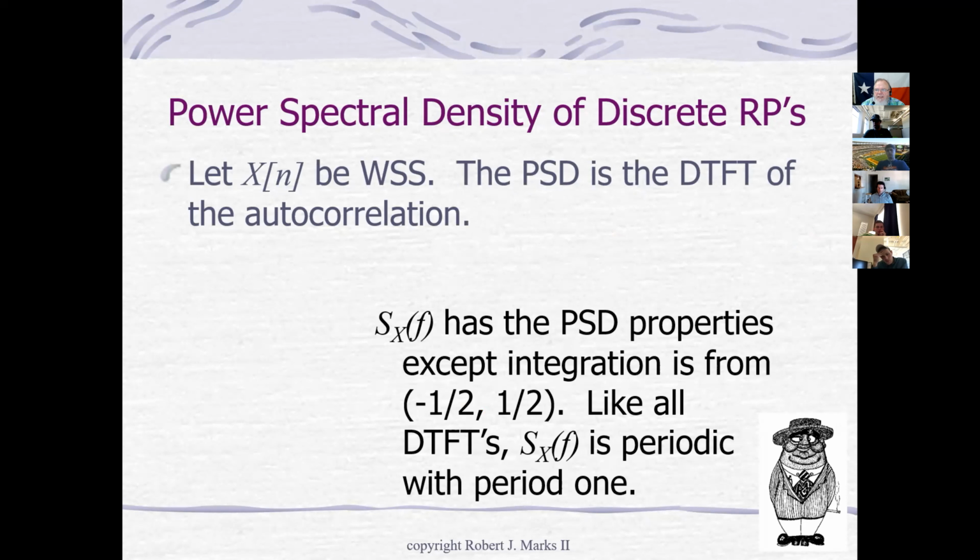The power spectral density is now not the Fourier transform, but the DTFT, the discrete time Fourier transform. Of course, we know in engineering that we use the FFT instead, because that's a little bit quicker.